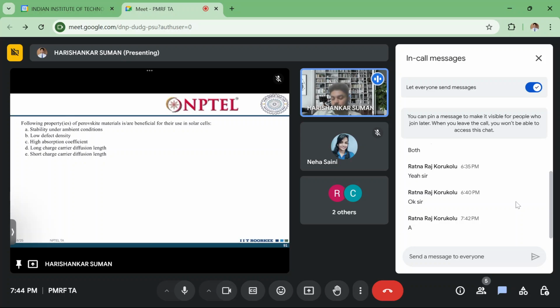Next question. Following properties of perovskite materials are beneficial for their use in solar cell. Perovskite material. Yes, please choose your answer.